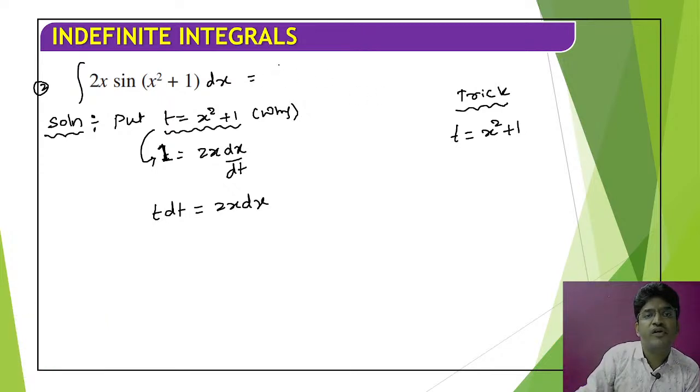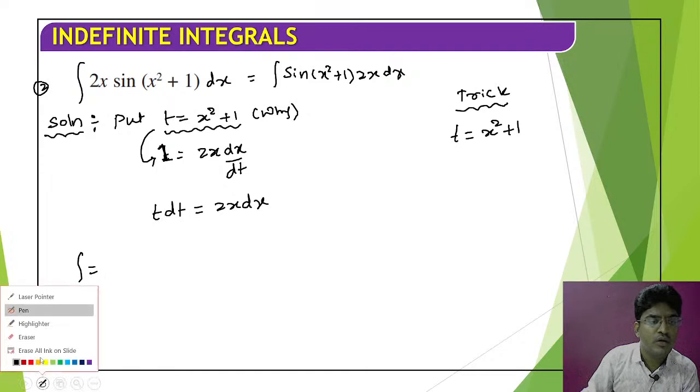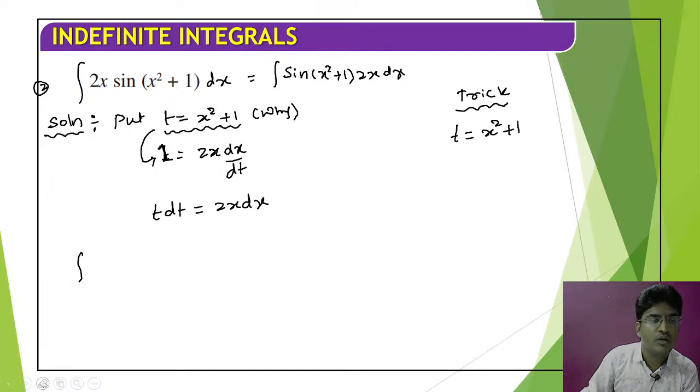Integration of sin of x square plus 1. This 2x I will write here, 2x into dx. Now 2x dx will be only dt, not t dt, because differentiation of t is 1, and 1 into dt is dt.